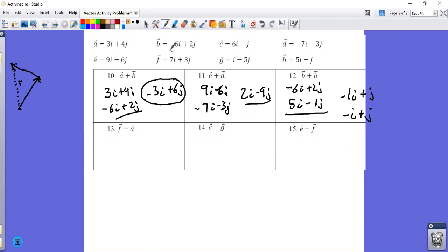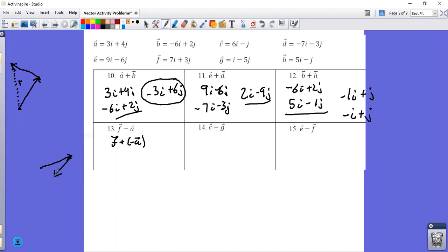Subtracting them is like F goes over 7 and up 3. But if I'm going to subtract A, what I'm really doing is taking matrix F and adding the opposite of matrix A. And the opposite of a matrix is just take the matrix and make it point in the opposite direction. So that would be -3, -4.